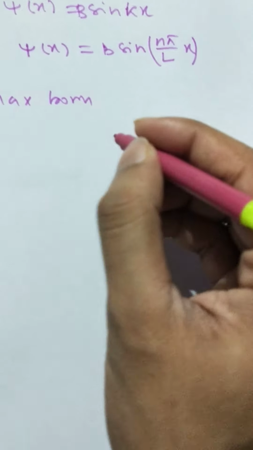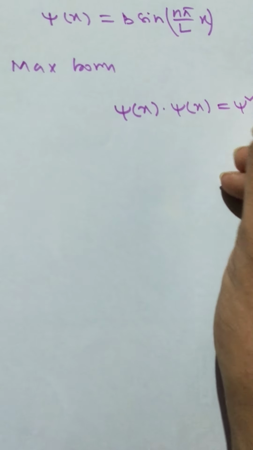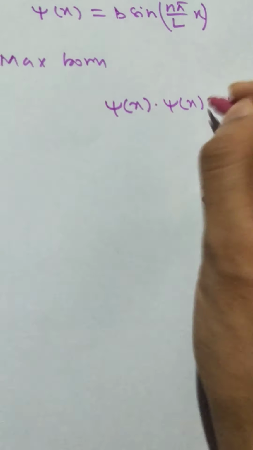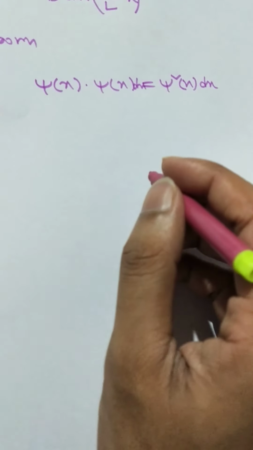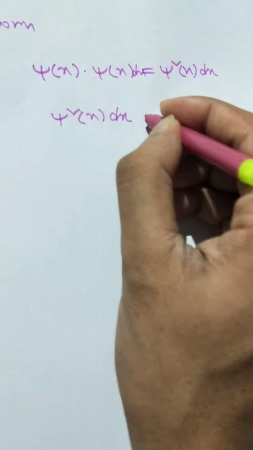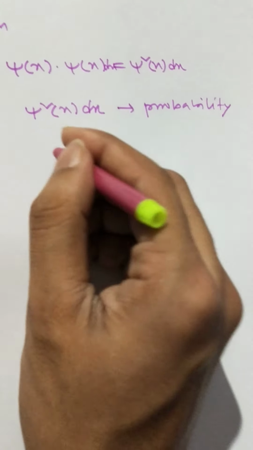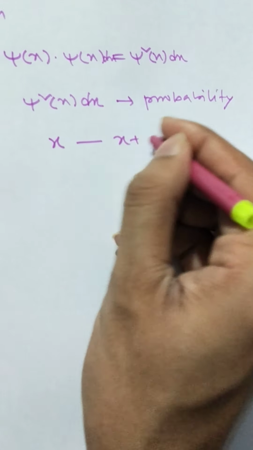psi of x into psi of x equals psi square of x, and psi square x dx gives the probability of finding the system in the interval x to x plus dx.